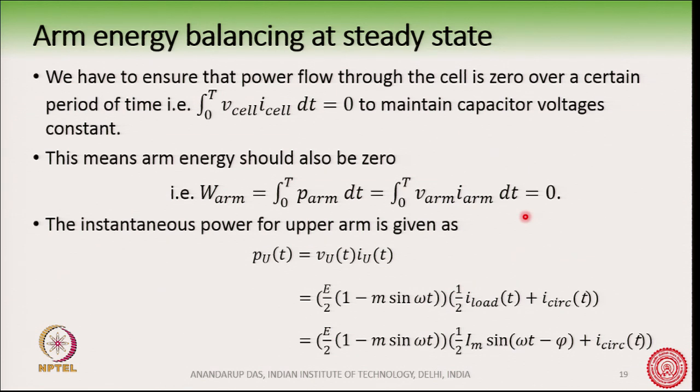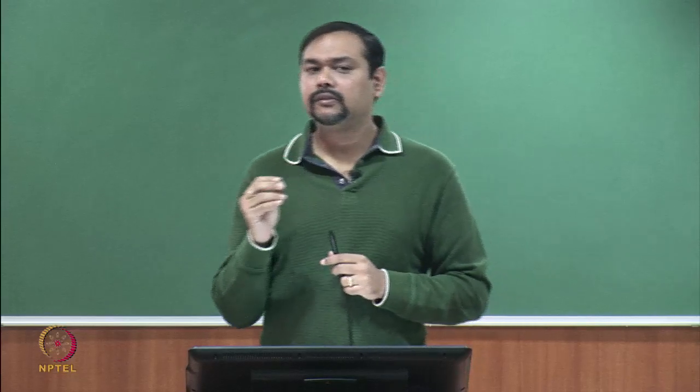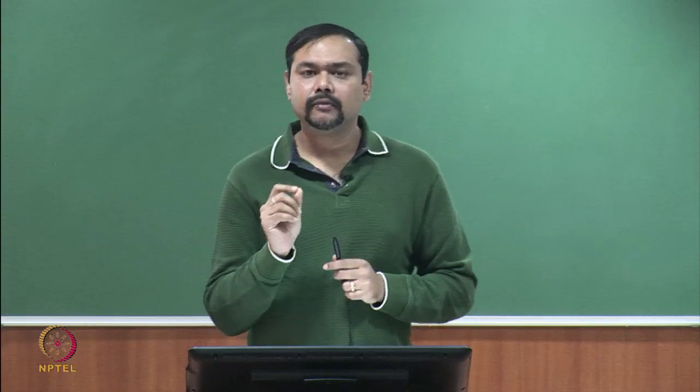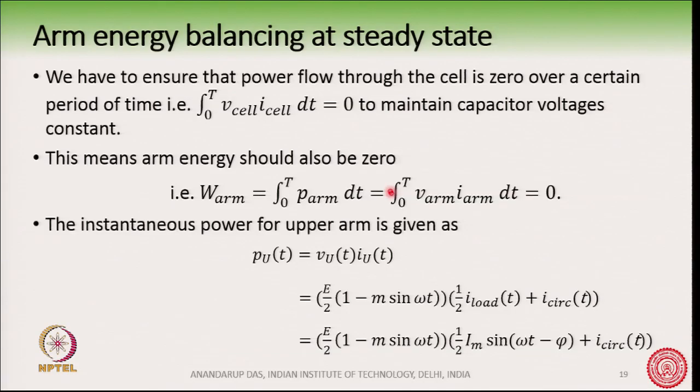Just to tell you one thing, for those who are familiar with MMC, I will just say a word here, we will explain it later. When we go ahead with this equation saying that the V arm into I arm over a period of time should be 0, we are ensuring that the arm voltage is fixed over a period of time.